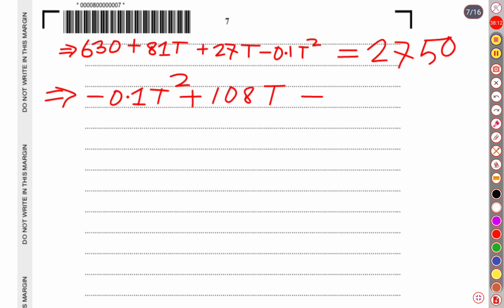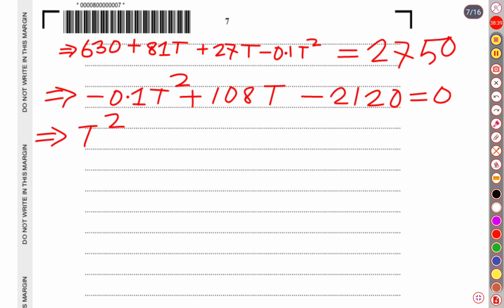From 2750, if we subtract 630, it is going to be 2120, then 0 on the right side. Now if we multiply every quantity by 10, it is going to be T squared.